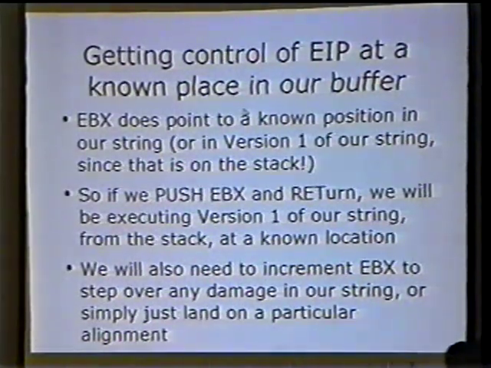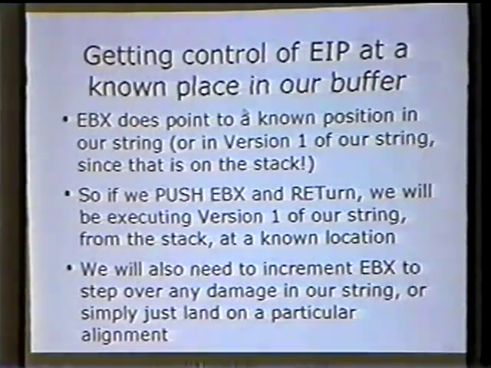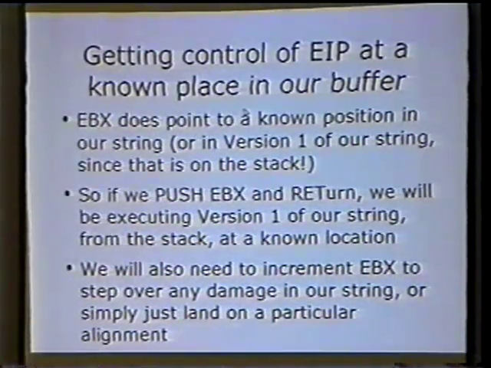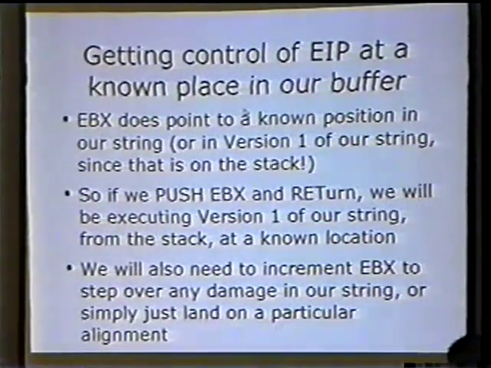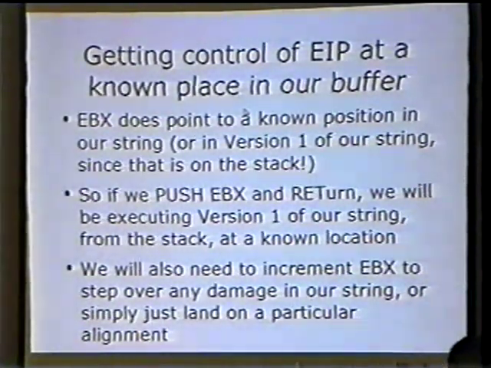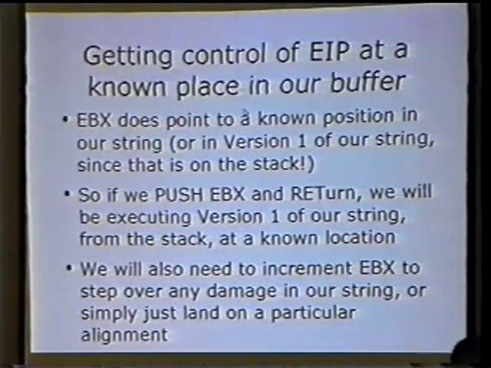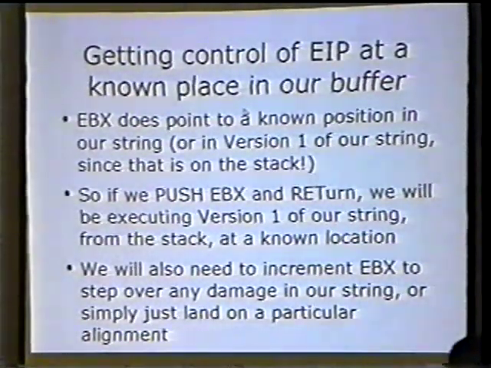OK. So we need to get control of EIP at a known place in our buffer, which sounds originally very, very easy. But when you think about what your restrictions are, it becomes a little bit more difficult. We know that EBX points to that known place, so all we really have to do is modify EBX a little bit.